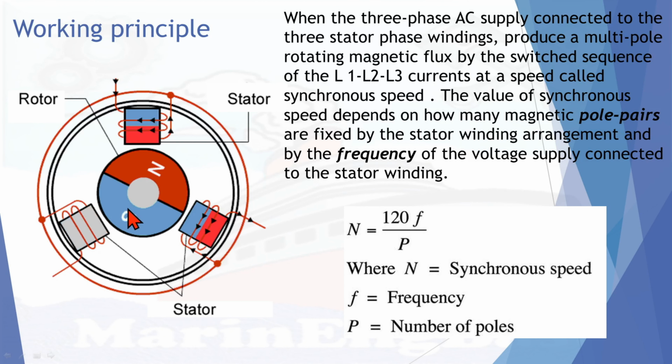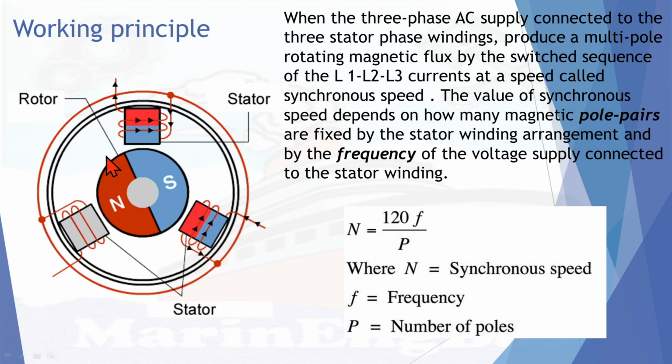As current starts to flow in the rotor, another magnetic field is induced in this rotor. That is the magnet that you can see, north and south. It is an induced magnetic field due to the influence of the rotating magnetic field of the stator.